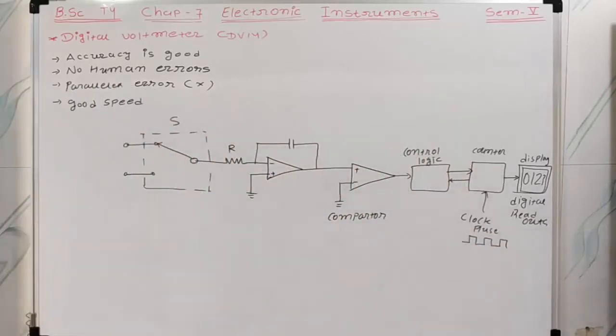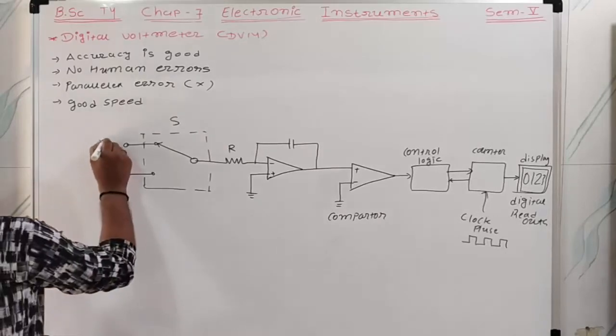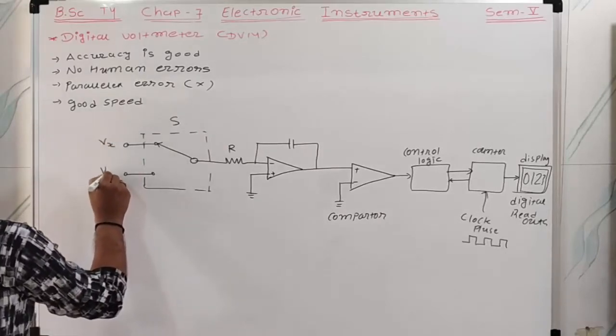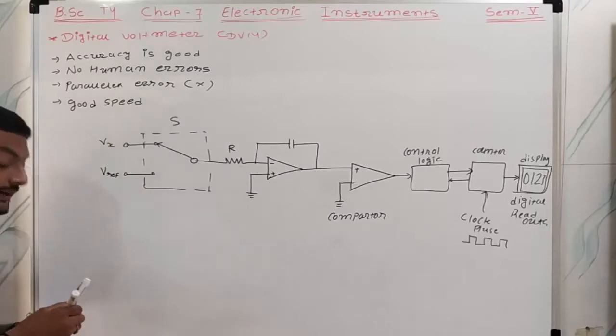Okay. Now let's understand what happens in this type of digital voltmeters, right? First, here it is Vx and Vr. Vx and V reference, or we can say Vr.